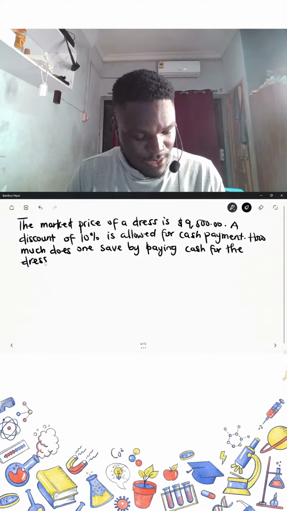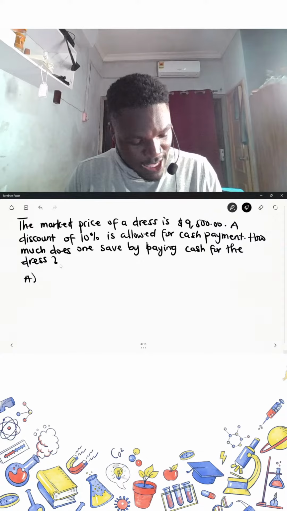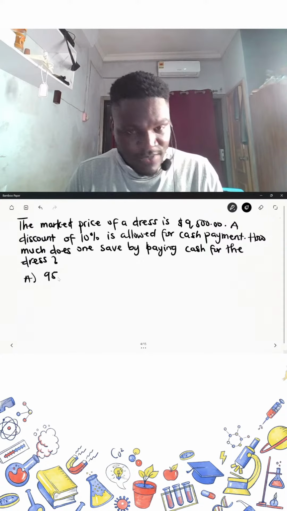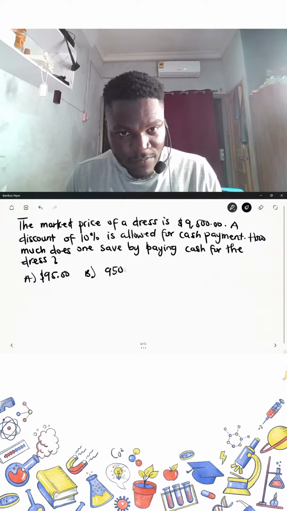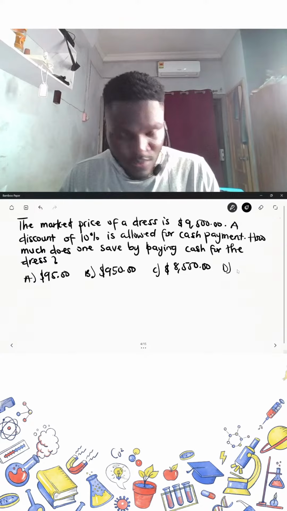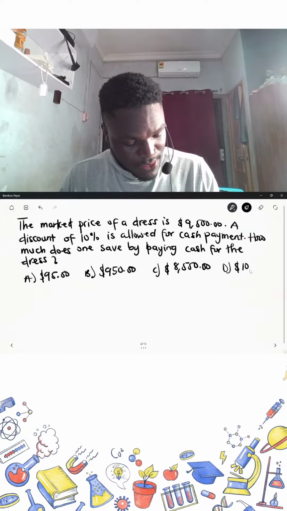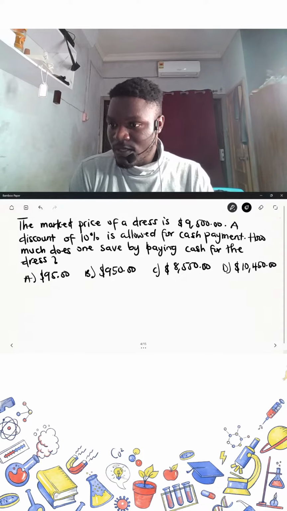Okay, so this is the question, and then we have the possible options over here. Option A, we have $95. Option B, $950. Option C, $8,550, and then option D, we have $10,450.